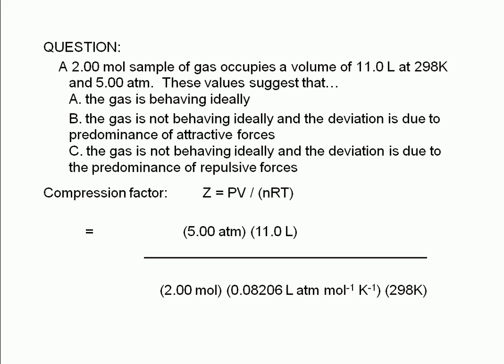For the units used here, the value of the ideal gas constant is 0.08206 liter atmosphere per mole per Kelvin. Performing the indicated calculation gives us a Z value of 1.12.